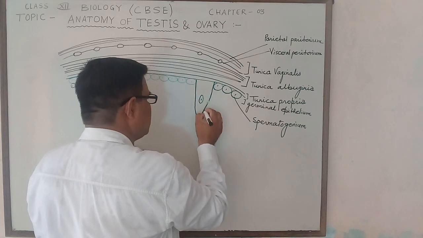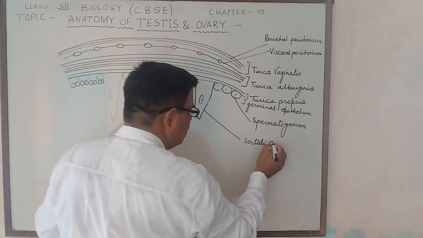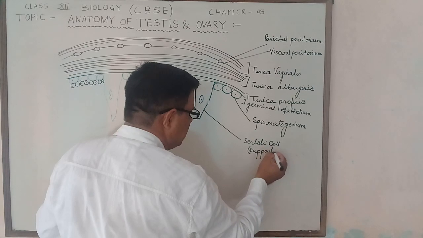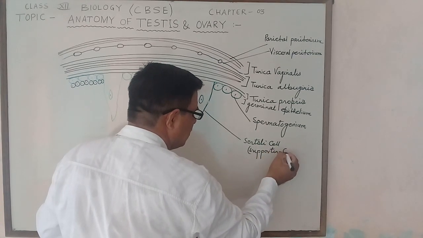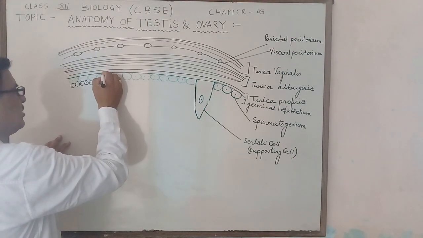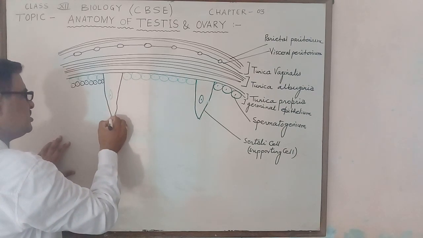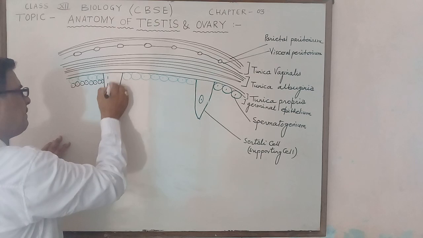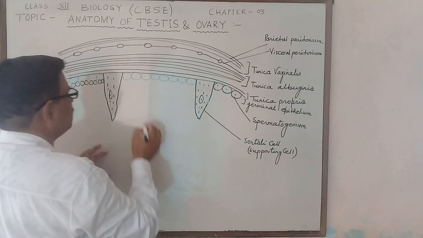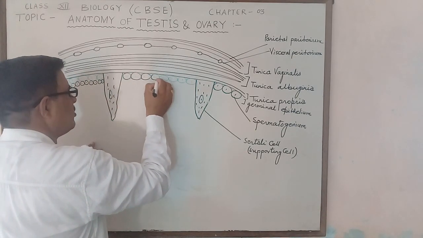The Sertoli cell is called a nutritive cell or supporting cell. Here, the Sertoli cell, which is larger in size, generally provides nourishment to the developing spermatozoa.